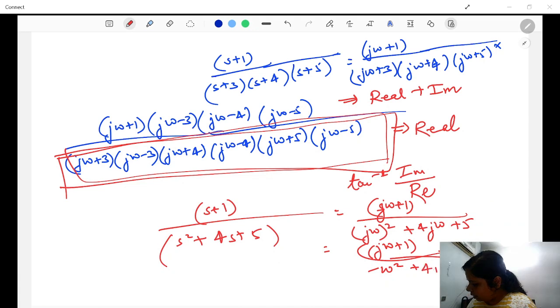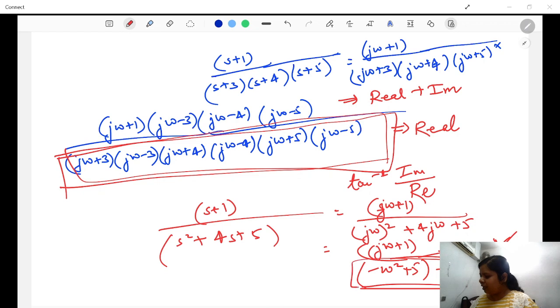Plus 5 first because it is being included in the real part, plus 4j omega. Now multiply the conjugate of the denominator term here and in the numerator. You will get rid of any imaginary part in the denominator, whereas you'll have the imaginary part in the numerator, and you can again find tan inverse of imaginary upon real.